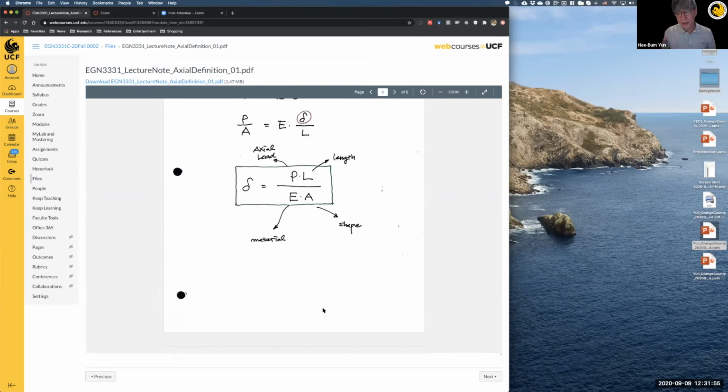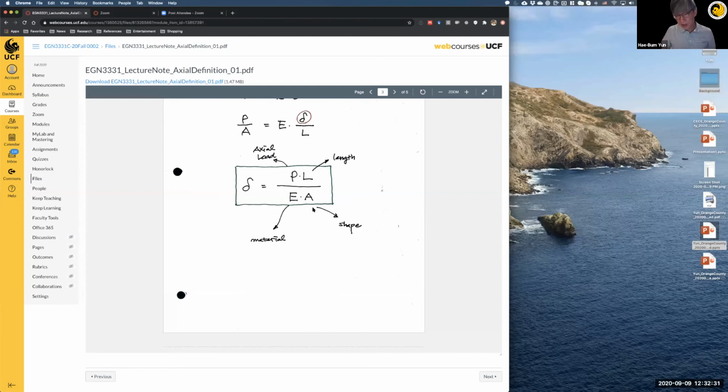And a very important thing related to design. You want to control this deformation. You don't want to have a very large deformation when you design a building, right? So you want to control this so there is no excessive deformation. Then for given P and L, you have two choices for the design. One is material choice. Second is shape choice, okay?